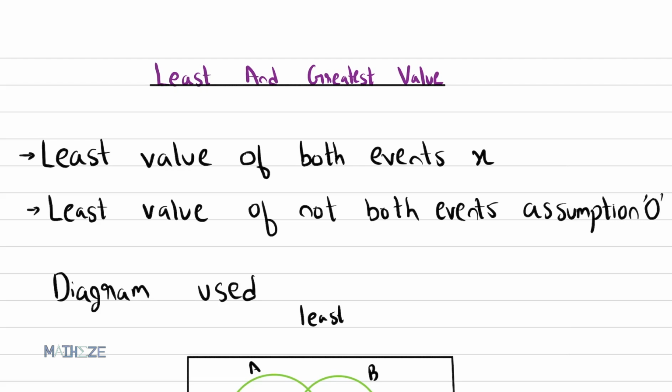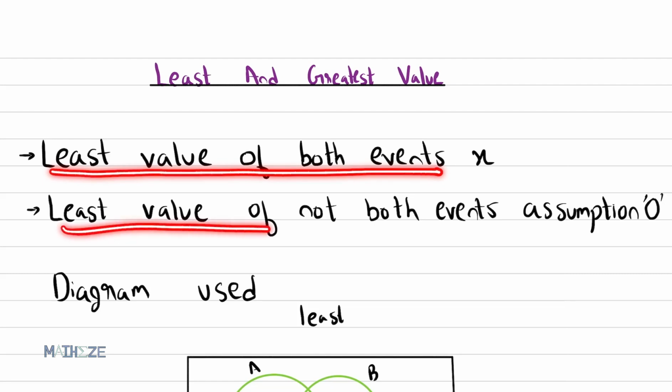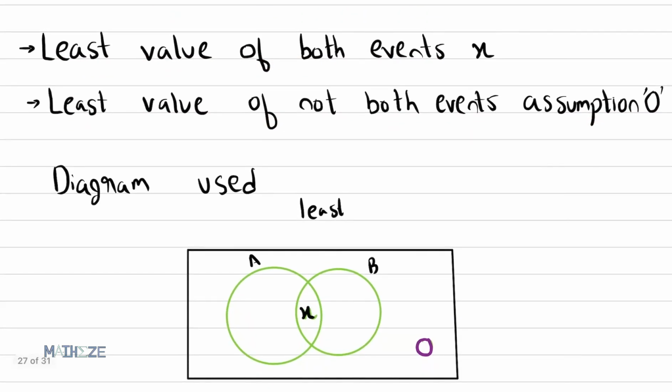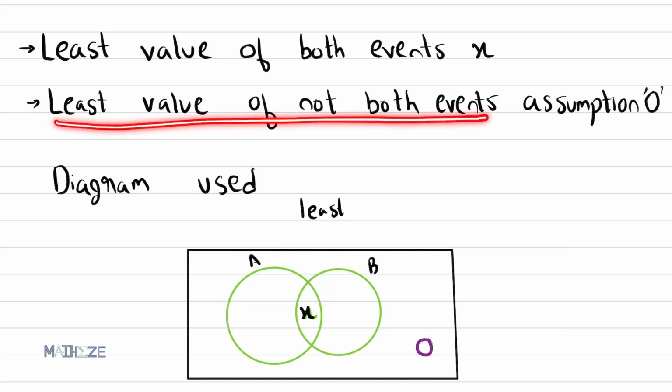To begin with, we're going to start talking about least value of both events and least value of not both. The area of A intersection B, where it's written X, is considered least value of both events. And the area outside set A and B is considered least value of not both events.